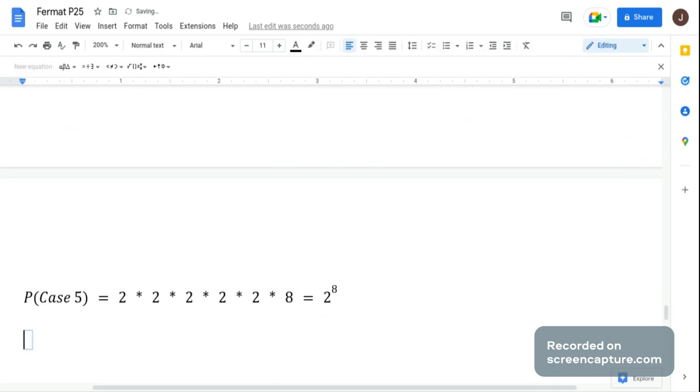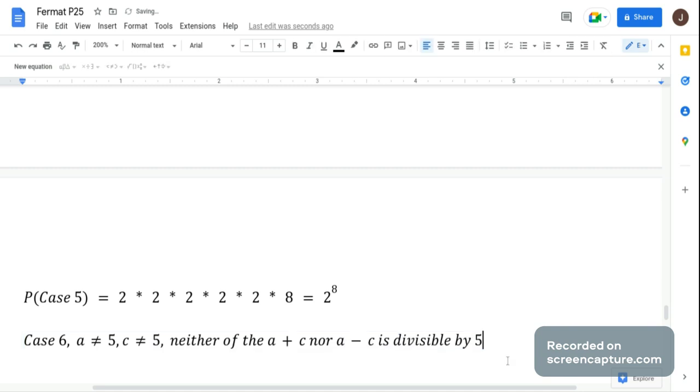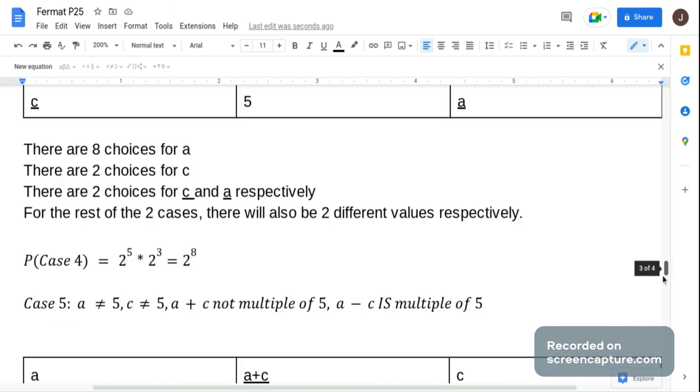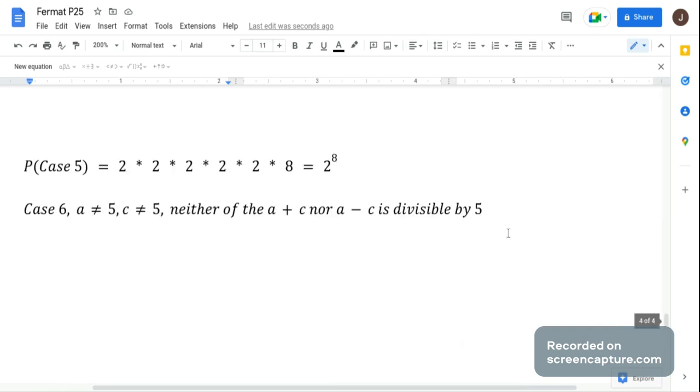Now let's talk about the last case, case 6. So now we come to our last case.